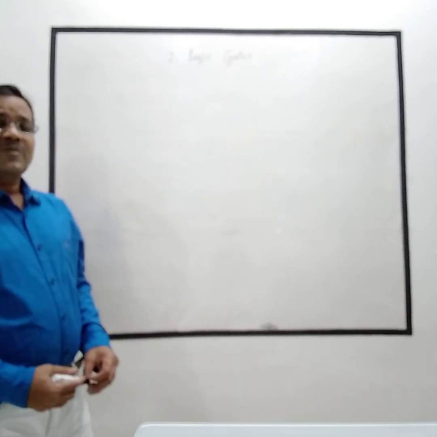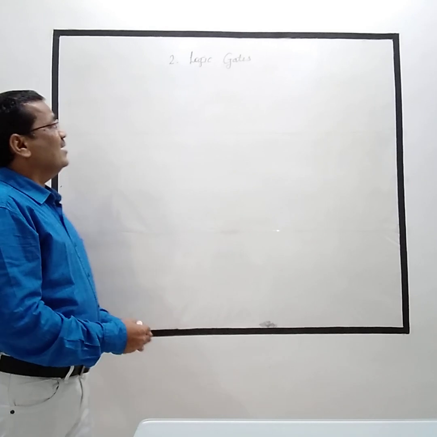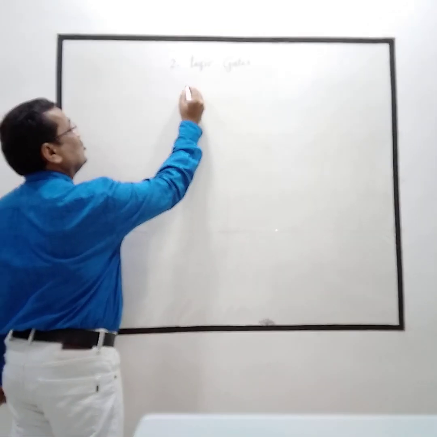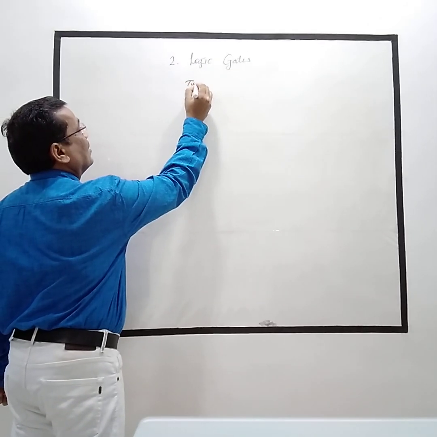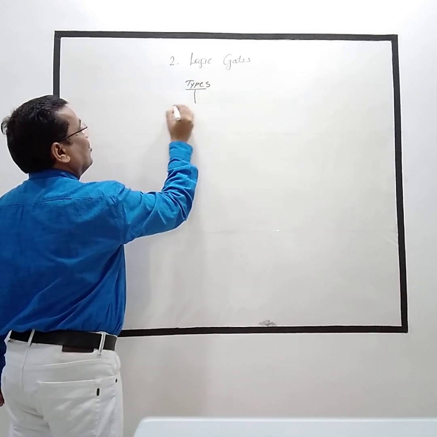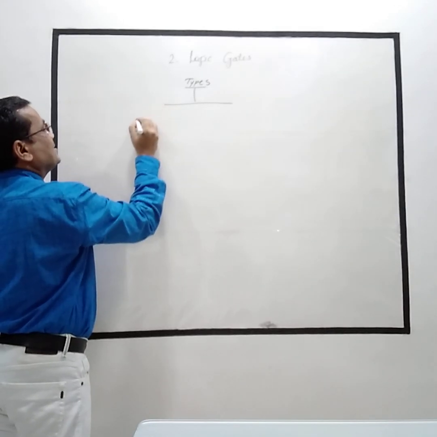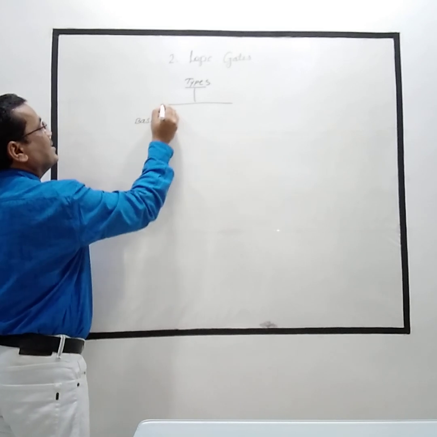Now what are the types of logic gates? There are mainly two types of gates. Number one, basic gates.